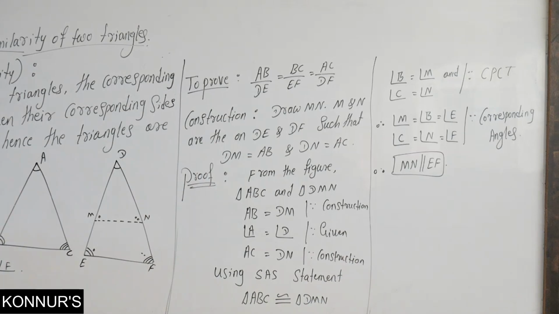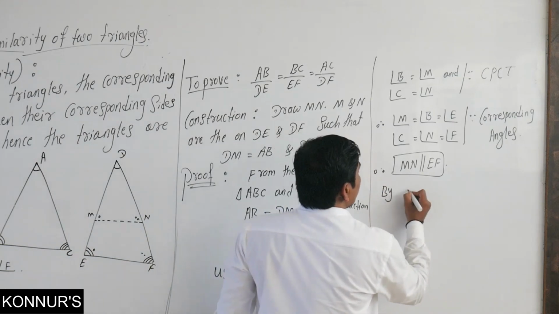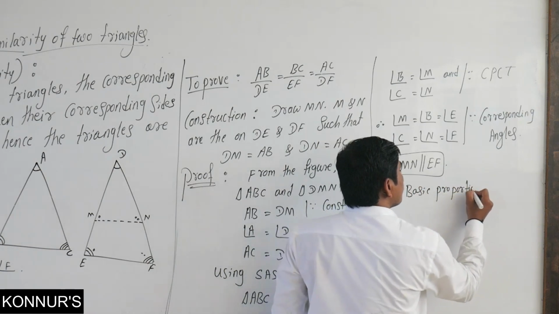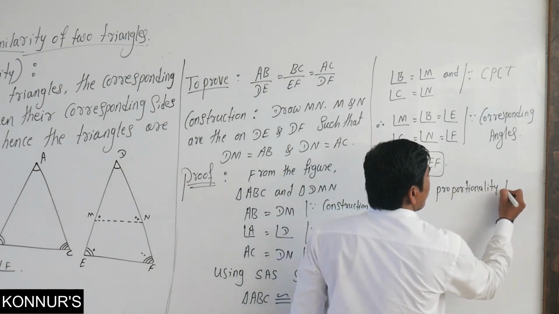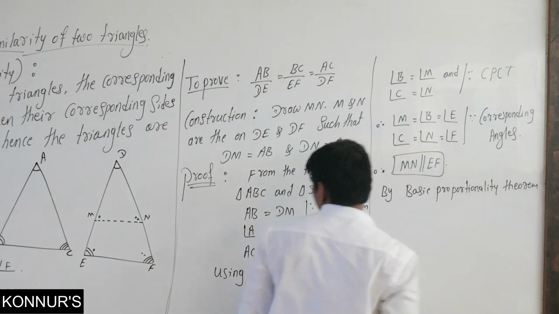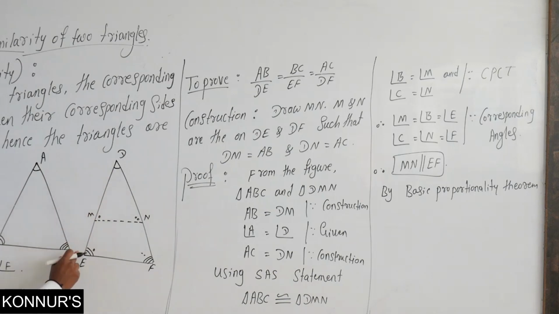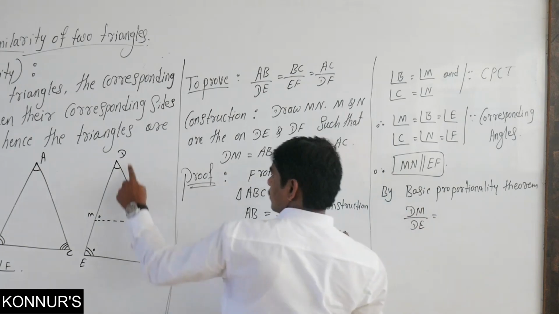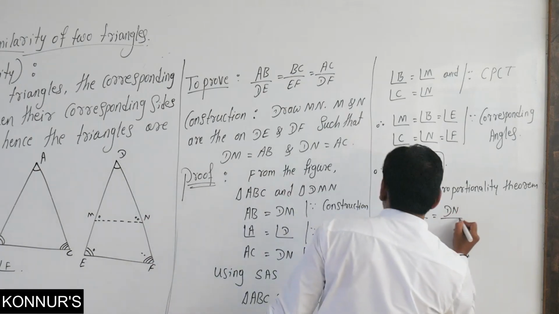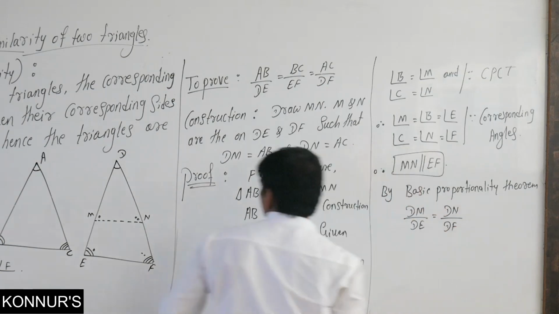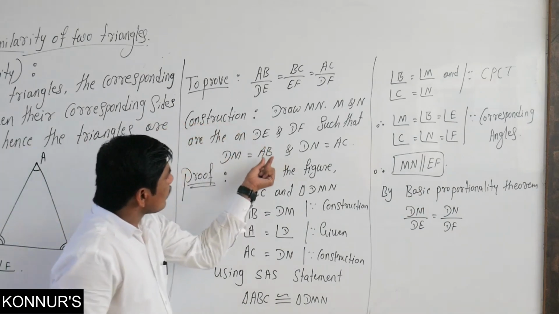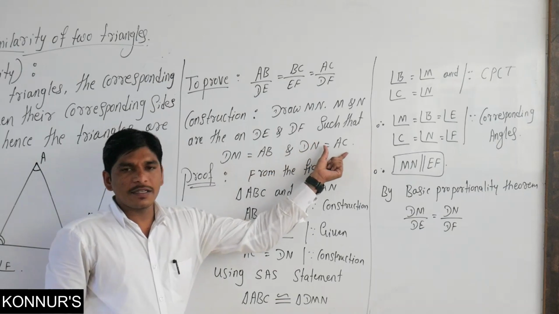By using the basic proportionality theorem, DM by DE is equal to DN by DF. Now, according to the construction, DM is equal to AB, DN is equal to AC.